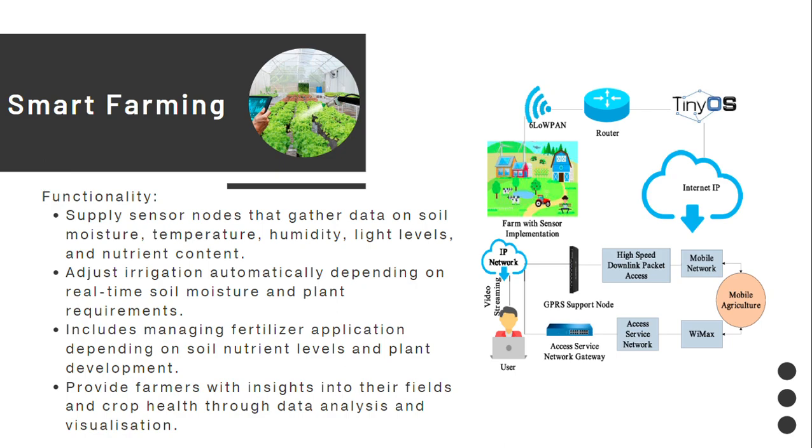The next example of a TinyOS application is smart farming system. The function of this system is to supply sensor nodes that gather data on soil moisture, temperature, humidity, light level, and nutrient content.